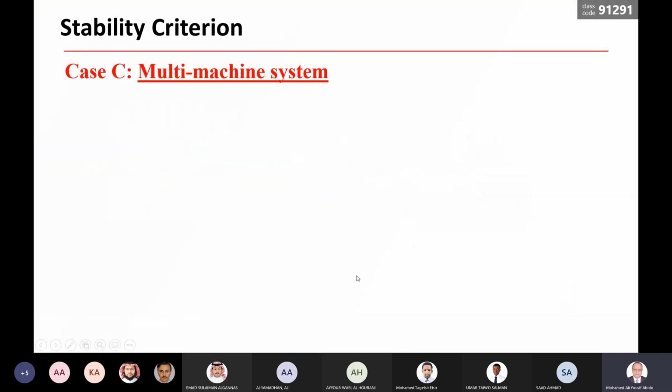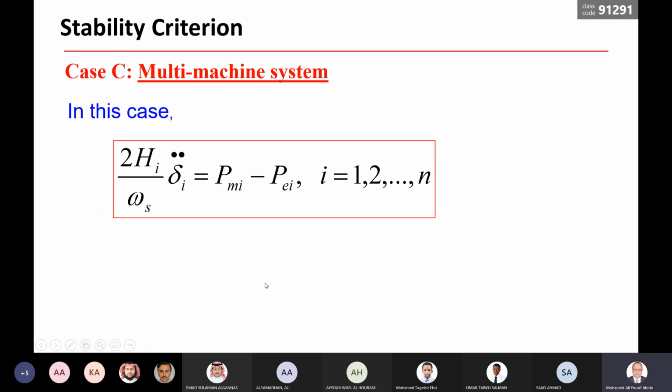For multi-machine, of course, you have several machines in your system. So in this case, you can write the swing equation of each machine. This is machine number I: 2HI delta I double dot equal to B mechanical minus B electrical.